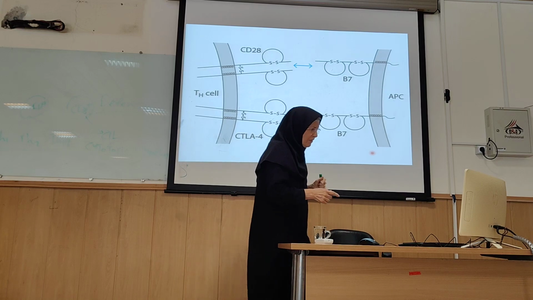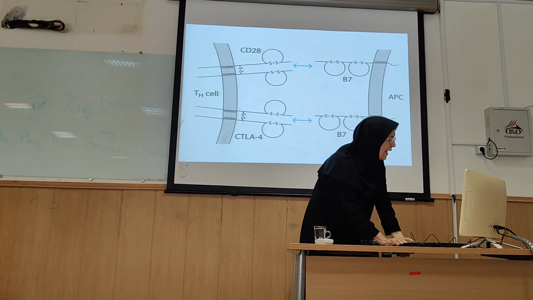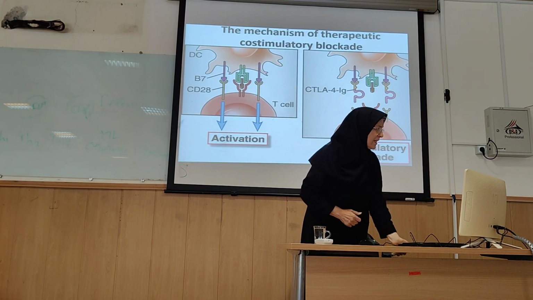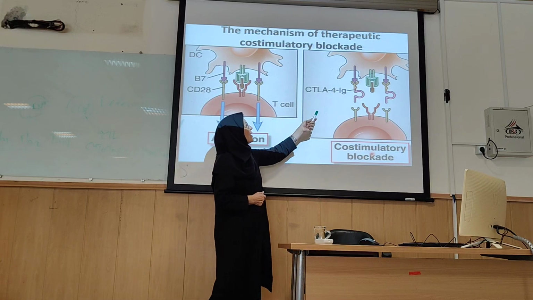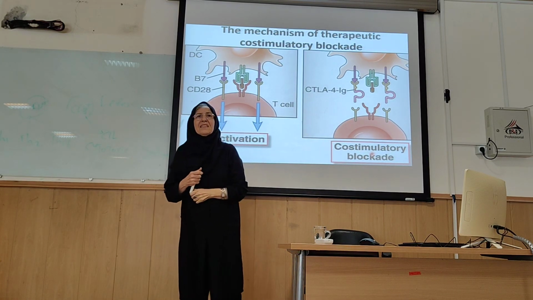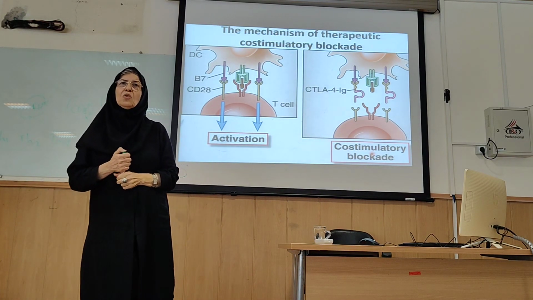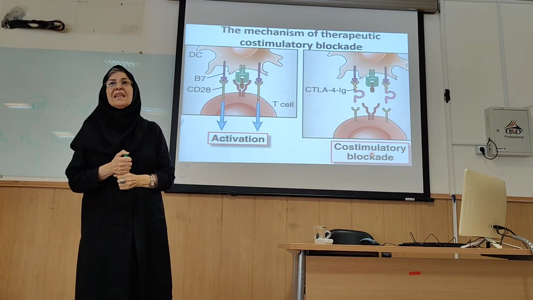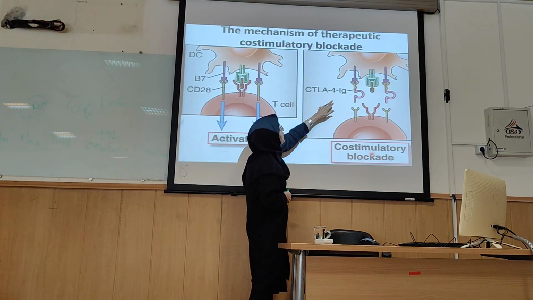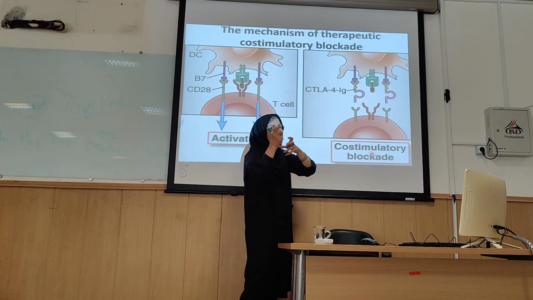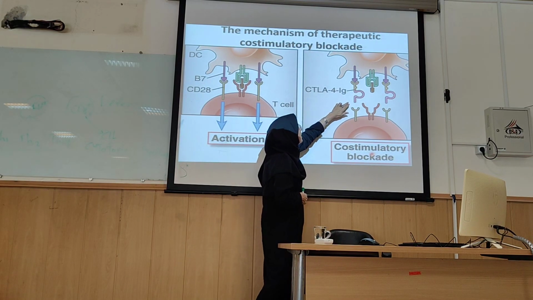This is the difference between CTLA4 and CD28. As you see here, the CTLA4 is used for suppression of activated T cells in the treatment of autoimmune diseases. As you see here, CTLA4 binds to one portion of immunoglobulin.